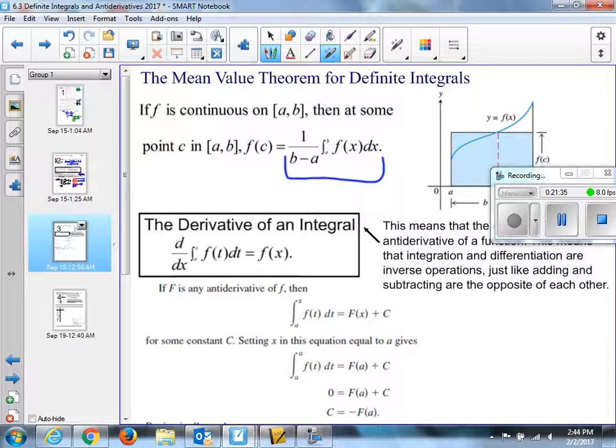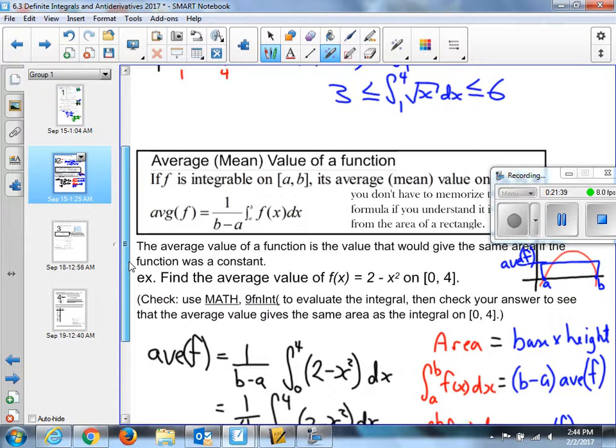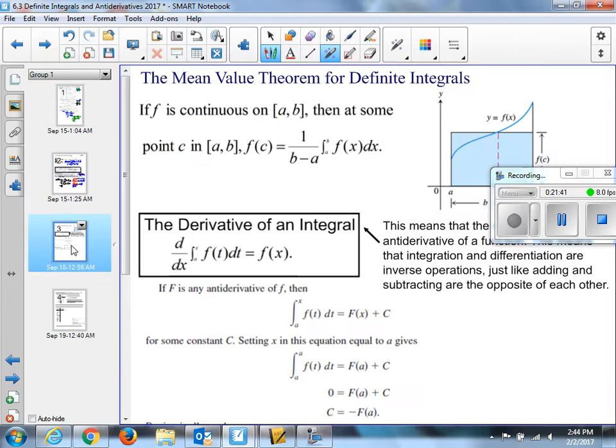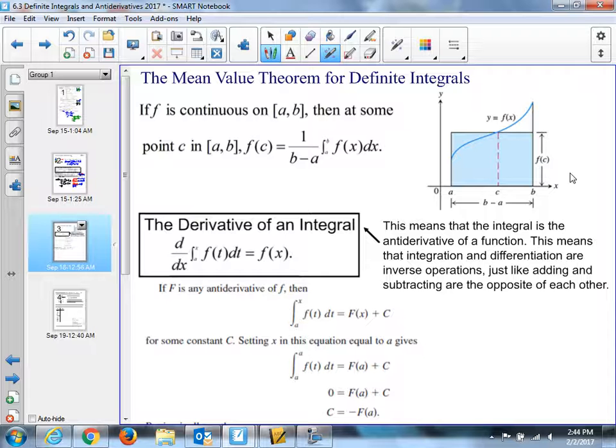Isn't this just the mean value theorem that we saw previously? Average value of a function? Yes, it is. All this does is promise you, if f is continuous, there's going to be, on that interval, some part of the function that gives you a value c, we'll say, x equals 5 or whatever, on this integral that'll give you this average value, this mean value, right?